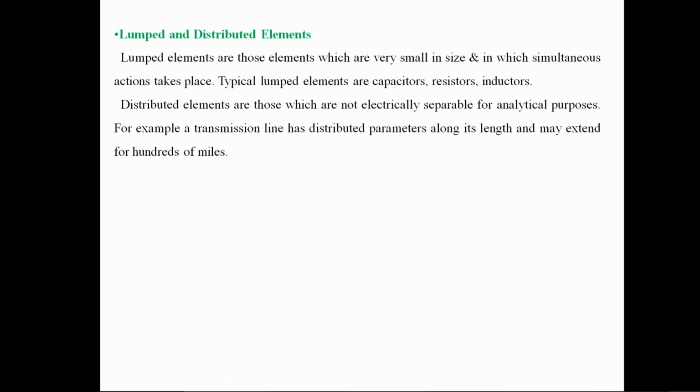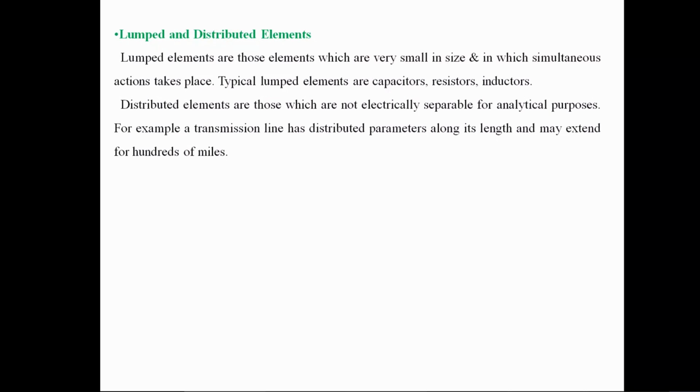Lumped elements are those elements which are very small in size, in which simultaneous actions take place. Typical lumped elements are capacitors, resistors and inductors. Lumped means as a whole. Since they are small in size, we treat resistors, inductors and capacitors as lumped parameters or lumped elements. Distributed elements are those which are not electrically separable; we separate them electrically for analytical purposes.